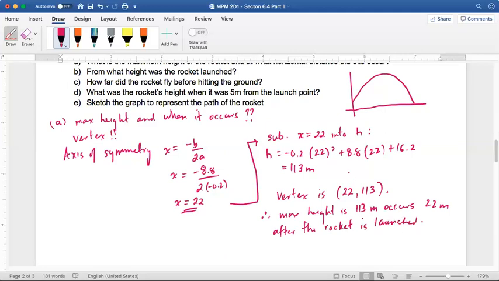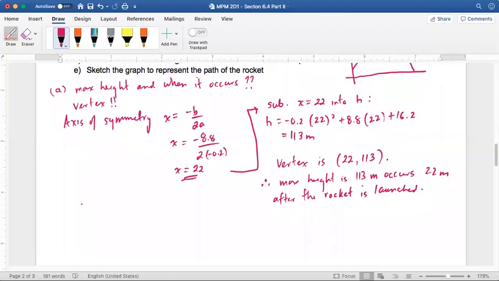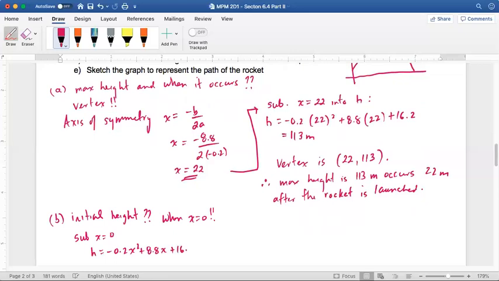Question B, from what height was the rocket launched? So here we want the initial height. Okay, so this happens when x is equal to 0. So we're going to sub x equals 0 into h is equal to negative 0.2x squared plus 8.8x plus 16.2.